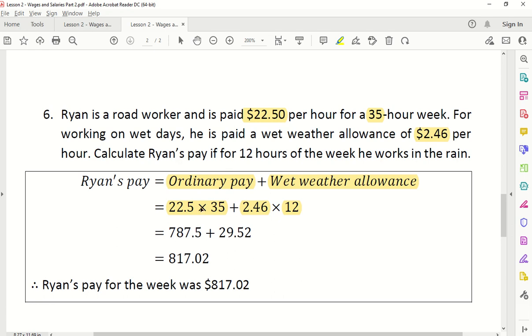You'll note I haven't put brackets in here. That's because according to order of operations, I know the multiplication goes first, but some of you may wish to put brackets in there just to help orient your thinking. Anyway, I add it together and get 817.02, and I include a worded statement that says Ryan's pay for the week was $817.02. Once again, that seems like a reasonable figure to me.